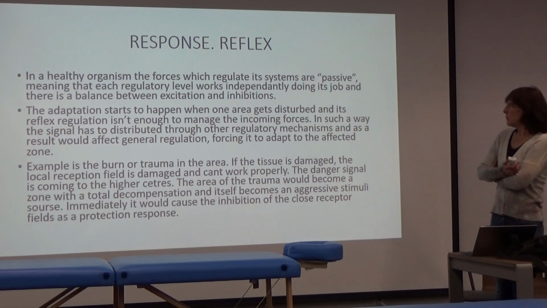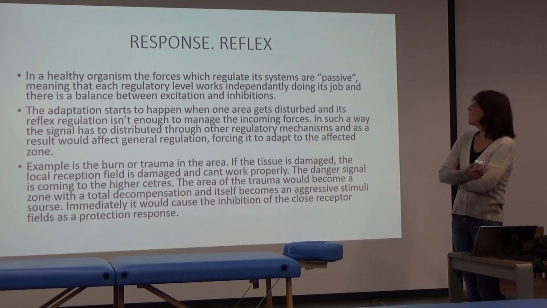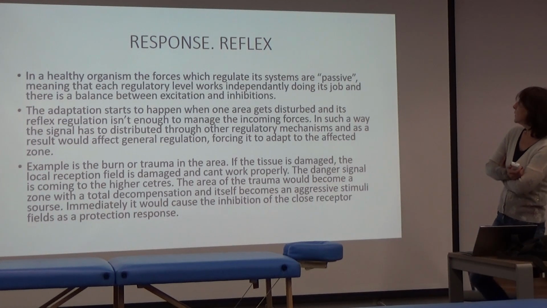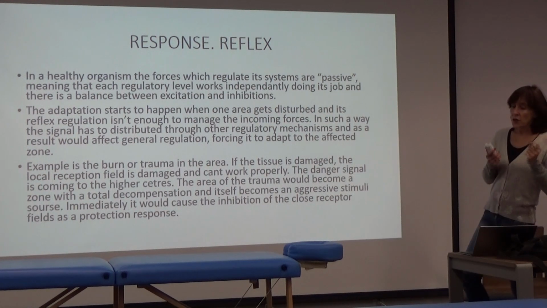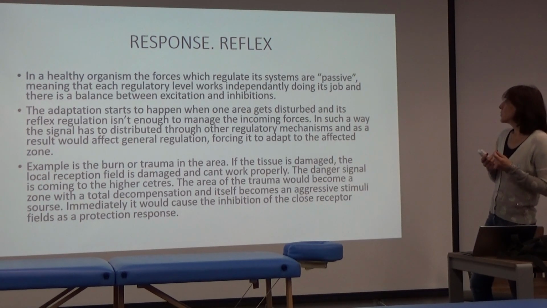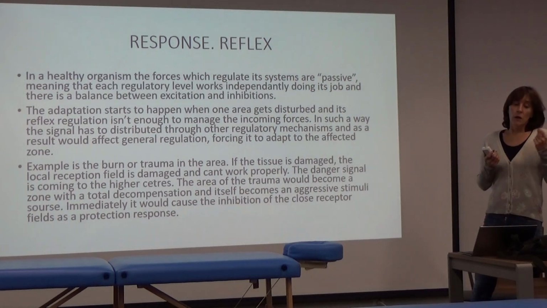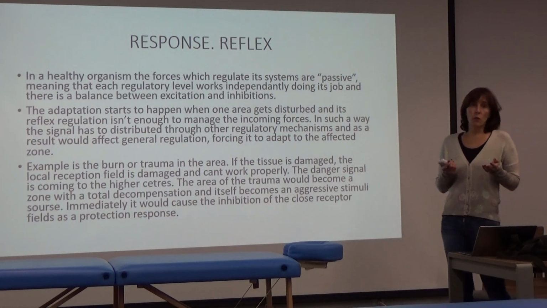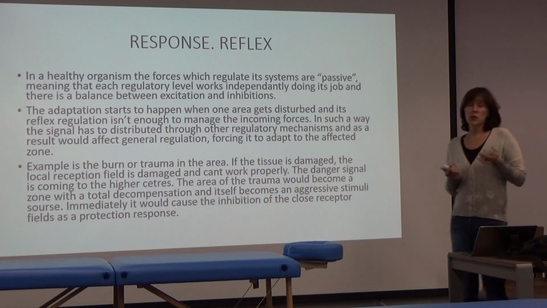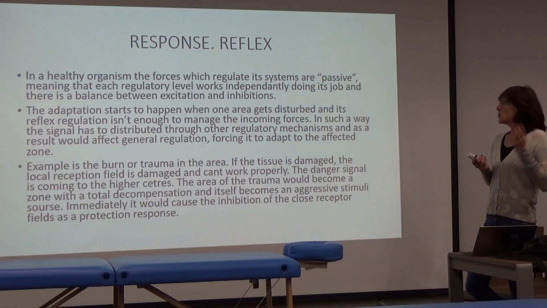So in a healthy body, the forces which regulate the organism are passive. That means that each regulation level works independently, doing its own job. And basically, what is regulation in our body? It's the balance between excitation and inhibition.